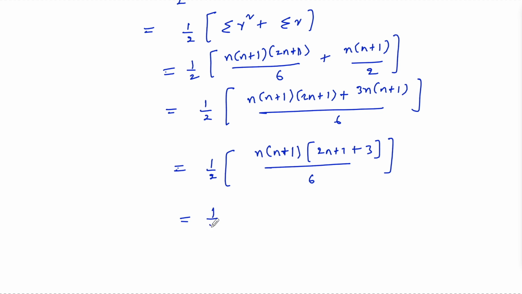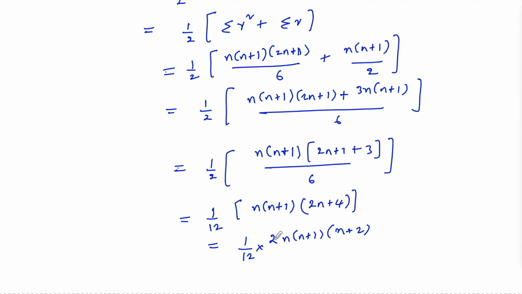We can write 1 upon 12 times n into n plus 1 into 2n plus 4, or we can take 2 common here, 2 times n into n plus 1 into n plus 2, so 2 and 6 cancel, and we get n into n plus 1 into n plus 2 upon 6 as the required sum.